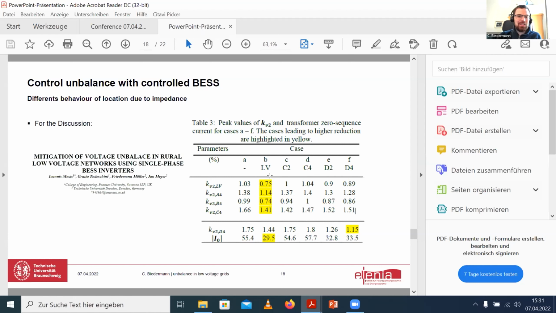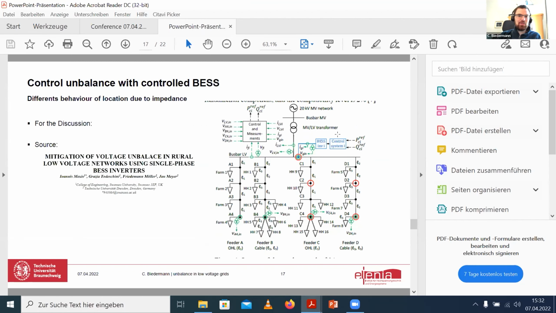They found that it is very good for the controller to have a long line until the point of the unbalance. So I think this is quite interesting. We can improve the unbalance better when we are far away, and when we are nearer to the source, like the transformer.